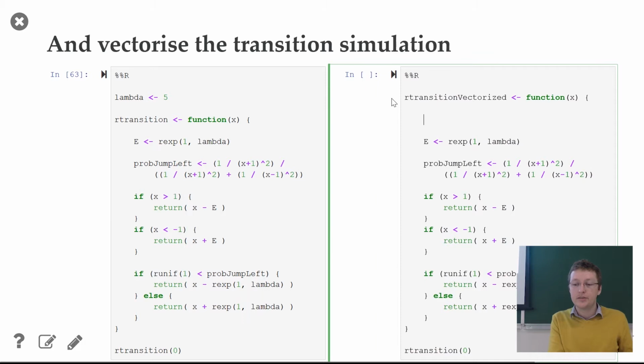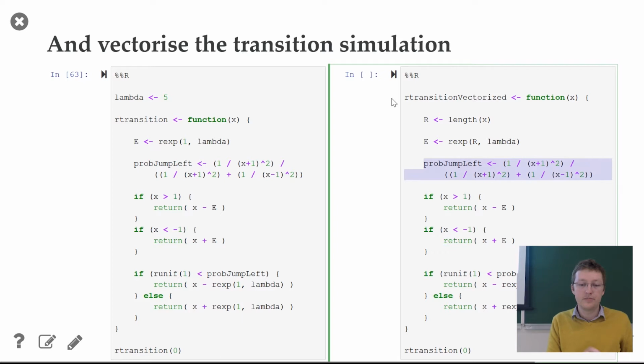To do that, you start off by figuring out how many Markov chains are running at the same time. That's the length of the vector. Then for each Markov chain, you need to simulate a jump size. So your rx boosts up: instead of simulating one jump, you simulate a different jump for every chain.